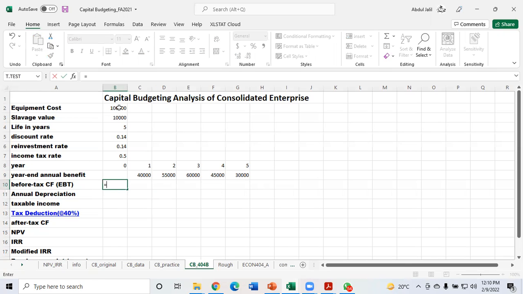First of all, this is your equipment cost, but equipment cost actually shows your cash flows, negative cash flows. Therefore, you have to type this with a negative sign, right? And you have to make it fixed, otherwise it will vary. So you just press F4, and then you click enter, and then this is the earning before tax.